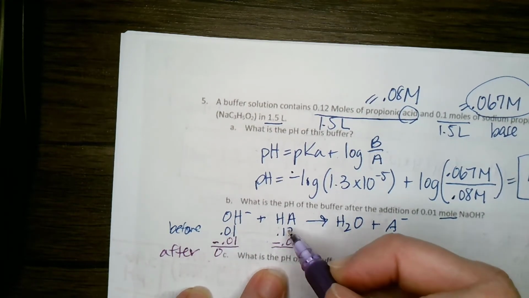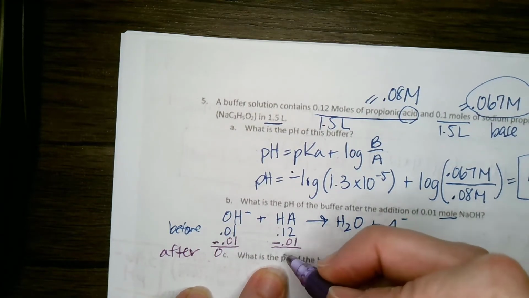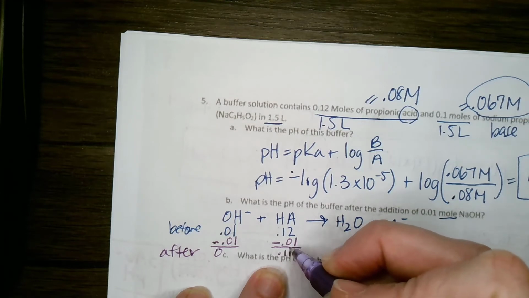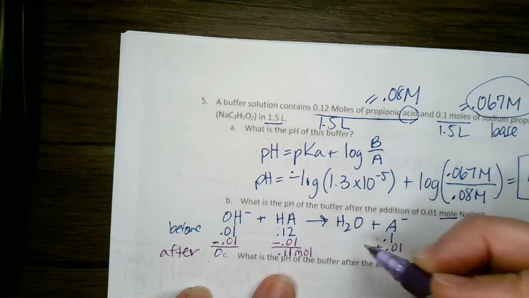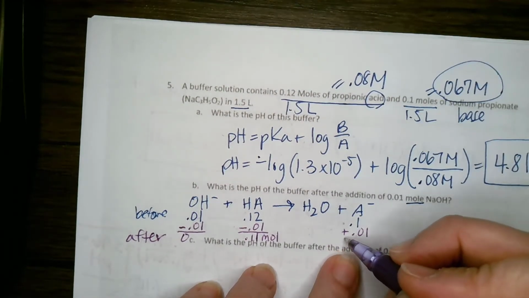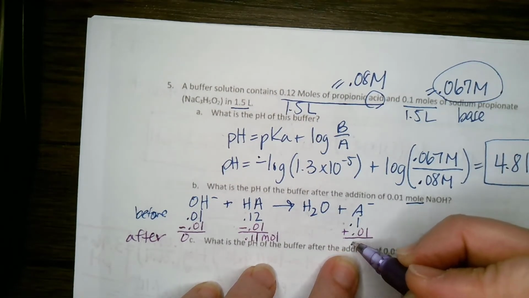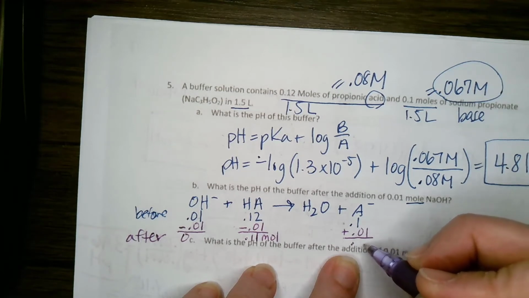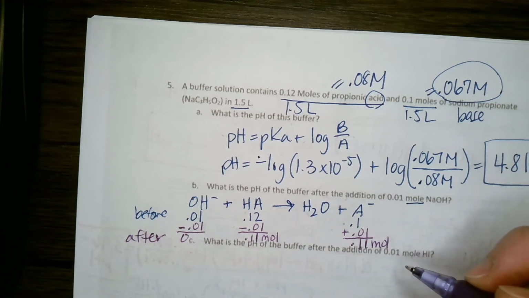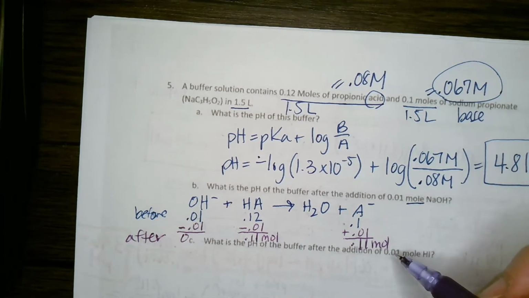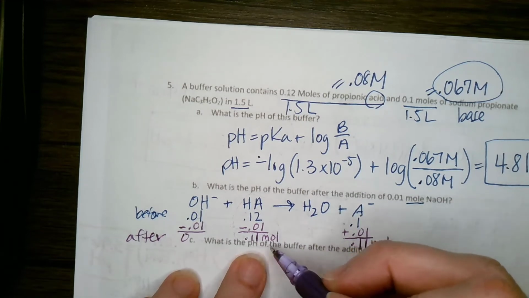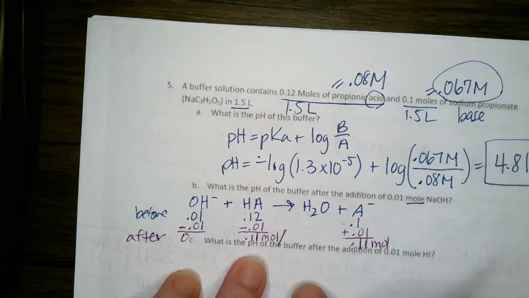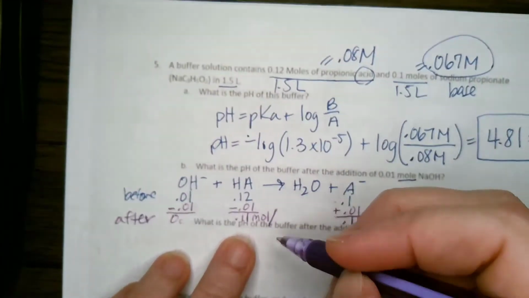So 0.12 minus 0.01 would be 0.11 moles. Over here I have 0.1 plus 0.01, so I'm going to have 0.11 moles. Now I can look at concentration. I can look at my acid and my conjugate base concentration by taking those moles and dividing by 1.5 liters.